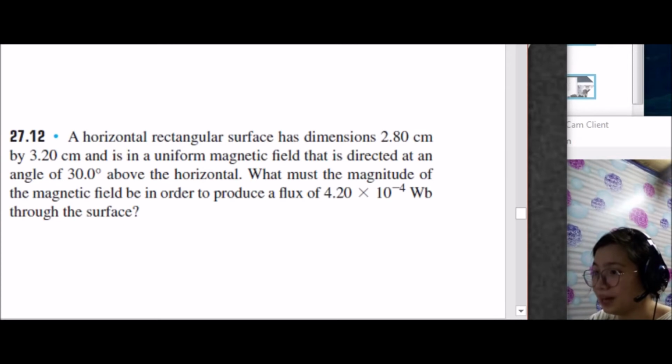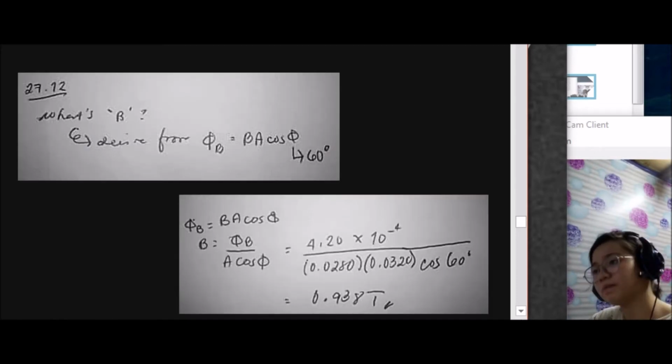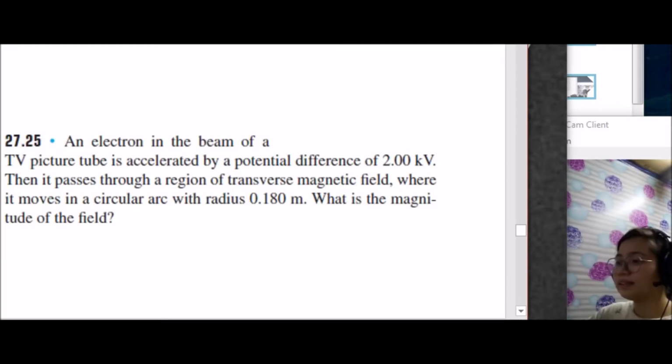Do you remember 2.8 by 3.2? These are in centimeters. We'd like them in meters because we like the standard basis, so move it two places. Cosine 60. So the answer is 0.938.